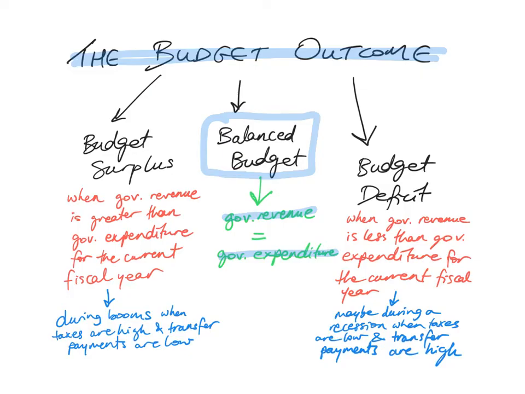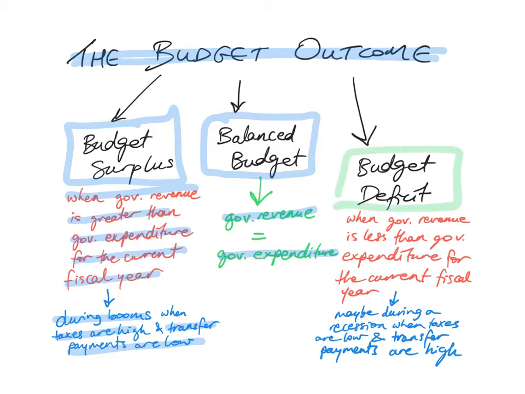When government revenue is greater than government expenditure for the current fiscal year, we say that there's a budget surplus. This happens a lot during booms when taxes are high and transfer payments are generally low. Not a lot of people are unemployed and so on. A budget deficit, on the other hand, occurs when the government revenue is less than the government expenditure.